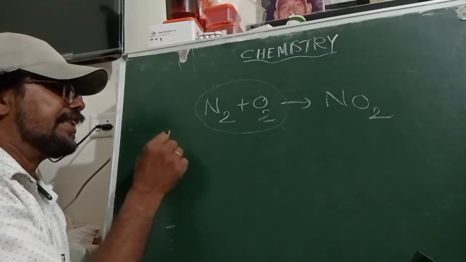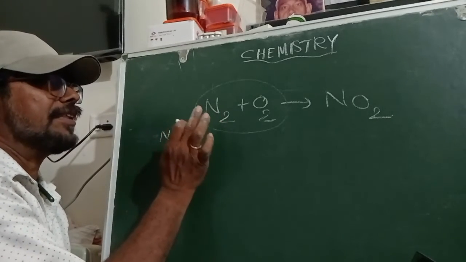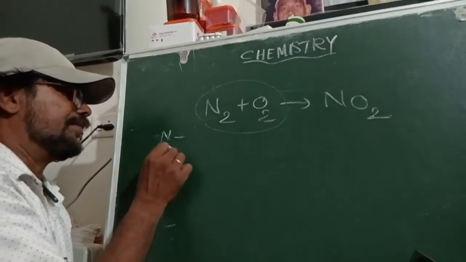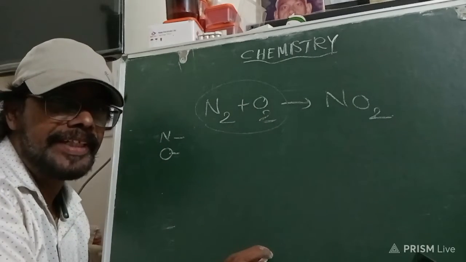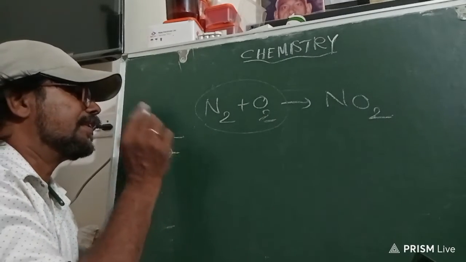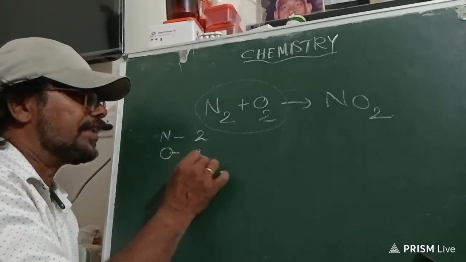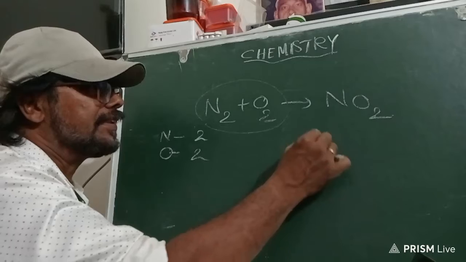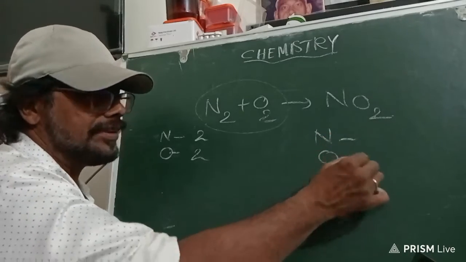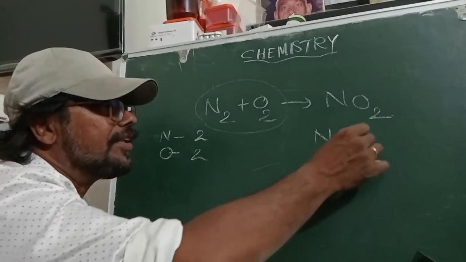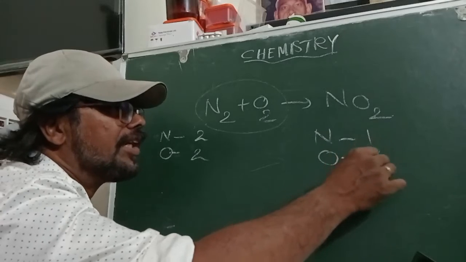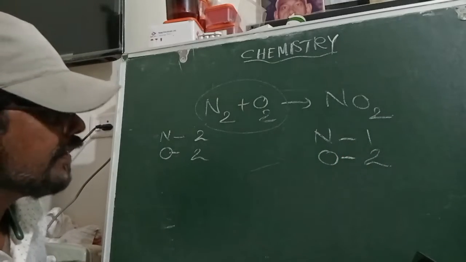Here in the reactants 2 elements are present, nitrogen and oxygen. Nitrogen atoms are 2 and oxygen atoms are 2. In the products also nitrogen and oxygen: nitrogen is 1 atom and oxygen is 2 atoms.